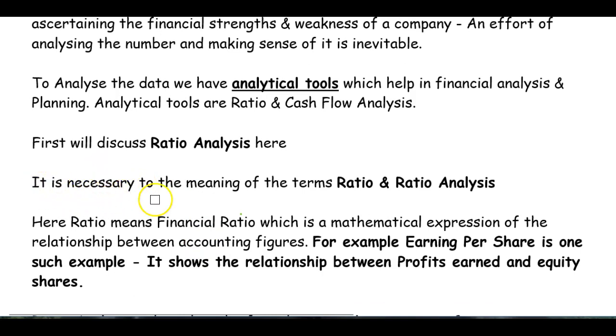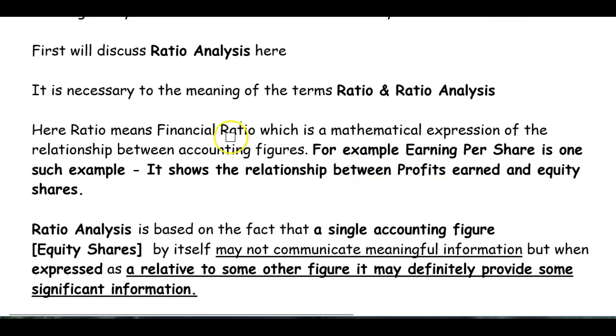It is necessary to know the meaning of the terms ratio and ratio analysis before we move further. Here ratio means the financial ratio, which is a mathematical expression of the relationship between accounting figures. For example, earning per share is one such example. It shows the relationship between profit and equity shares. What do you understand by the term earning per share?